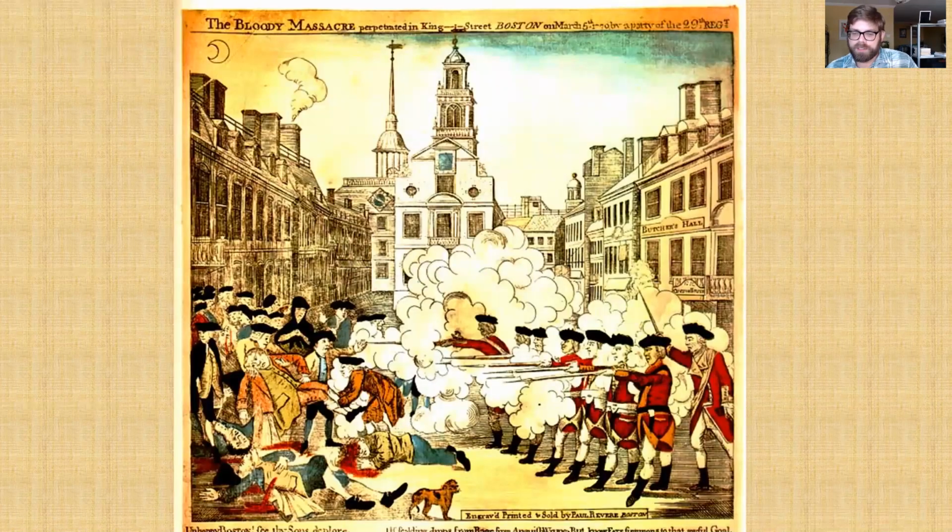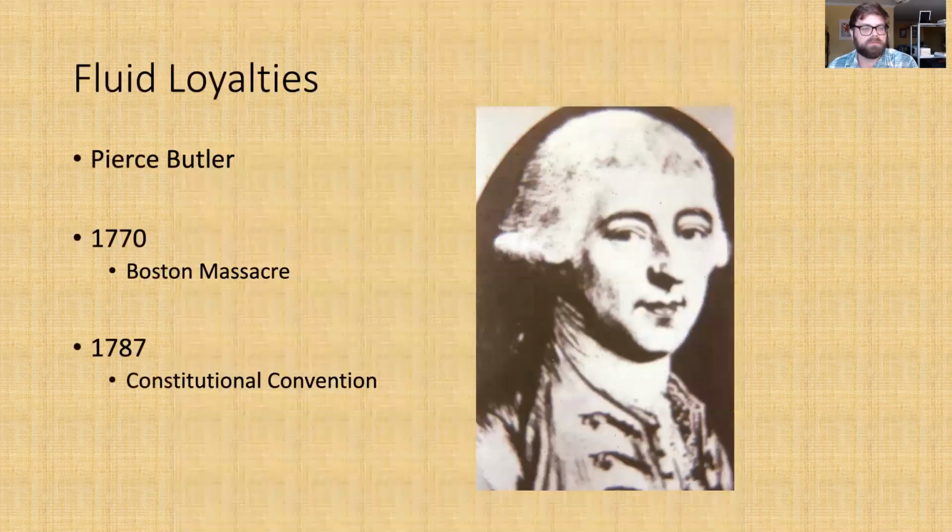It's also useful to know that in 1770, people might be on one side and they might be on another side in 1776, 1780. So let's take one example of an awful person. He's an enslaver that holds hundreds of people in slavery, named Pierce Butler, this guy here. In 1770, Pierce Butler is a British officer near the Boston Massacre.